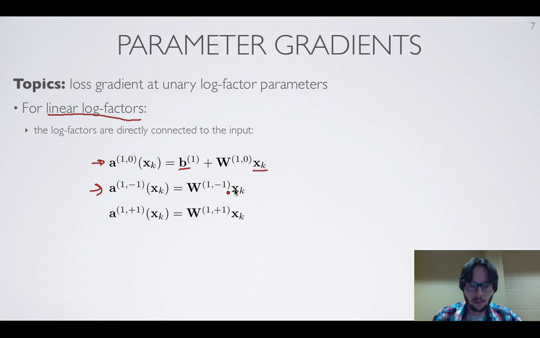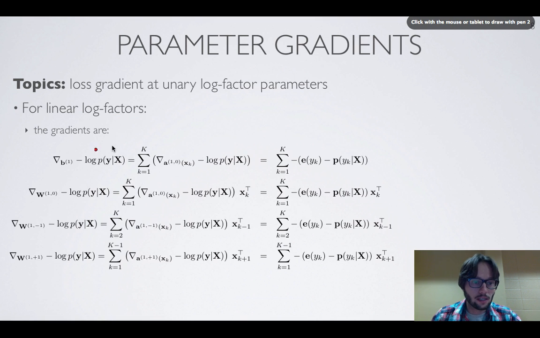I could have written k minus 1 here and k plus 1 there, but let's just assume we have this log linear model where the unary log factors are just linear functions of the context window.